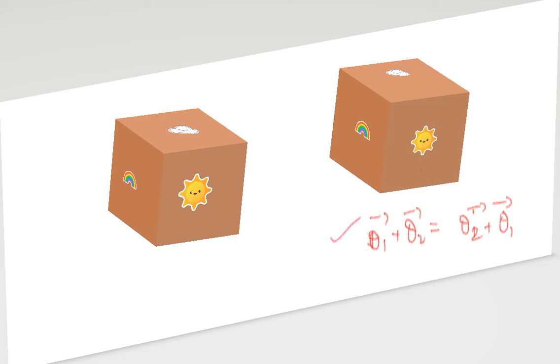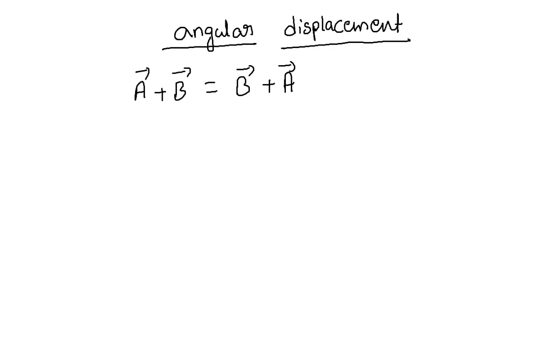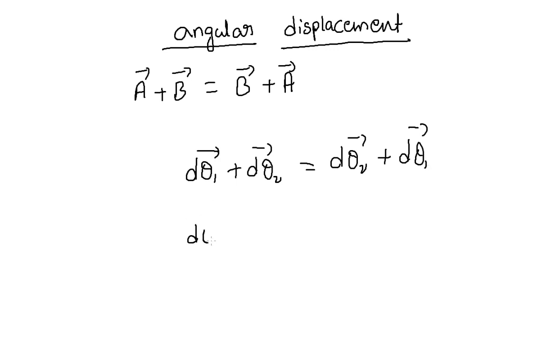Hence we can say that angular displacement is a vector quantity when theta is very small. So we can always write d theta 1, which is almost tending to 0, plus d theta 2 equals d theta 2 plus d theta 1, where d theta is tending to 0. So for smaller angles we can say angular displacement is a vector quantity.